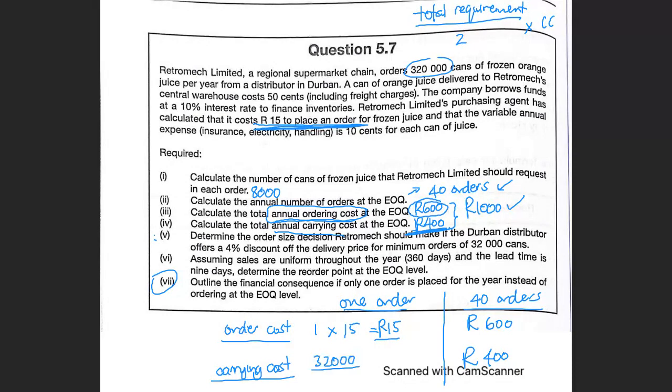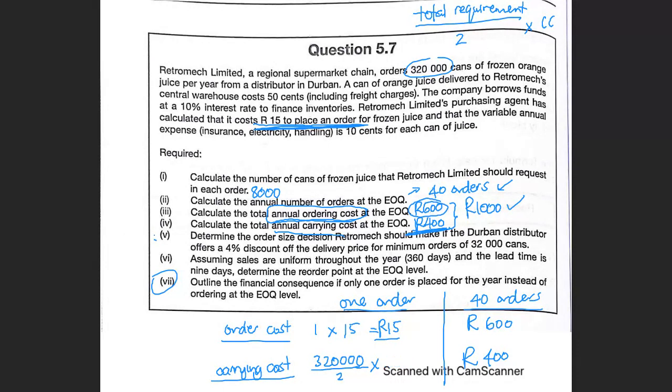Divide that by 2, and then multiply, so it's your quantity in inventory, your 320,000 divided by 2, and then multiplied by the carrying cost.